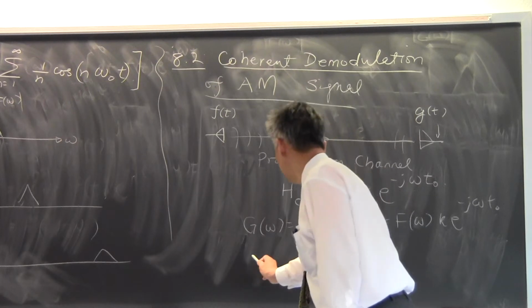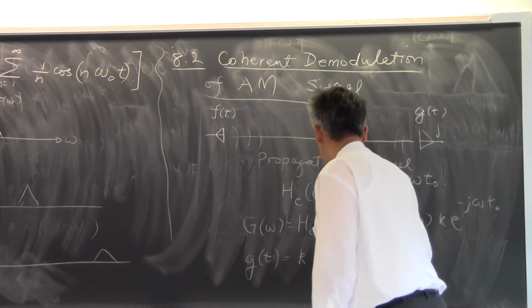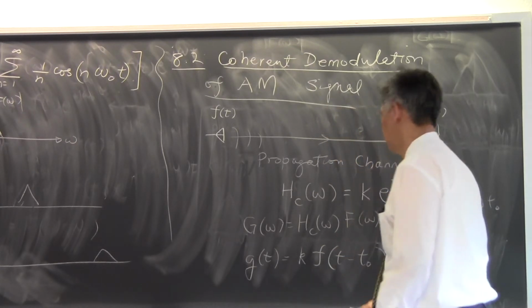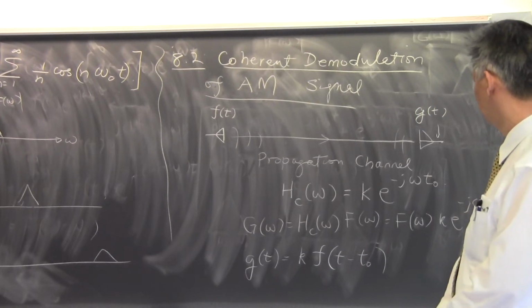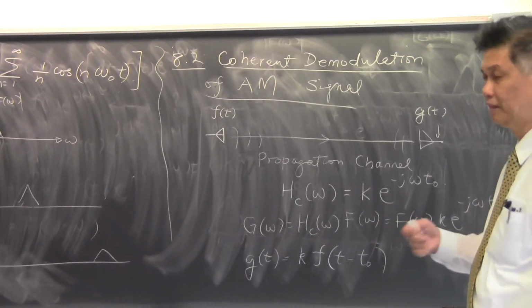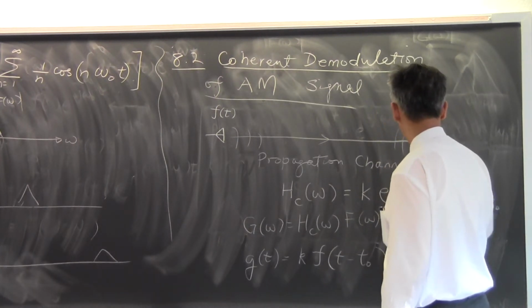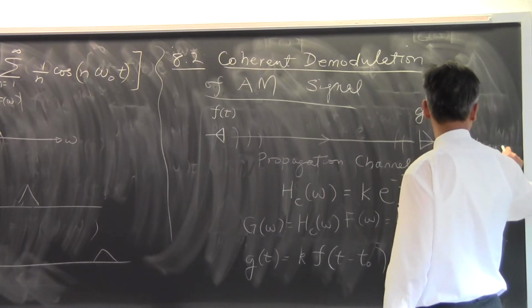So g of t is just equal to a constant times f of t minus t naught. That's what the propagation channel does to your signal. And K can be thought of as a kind of attenuation.